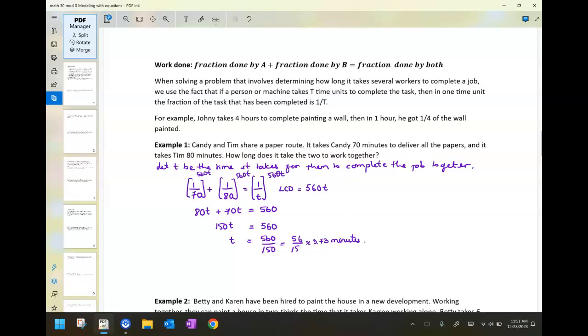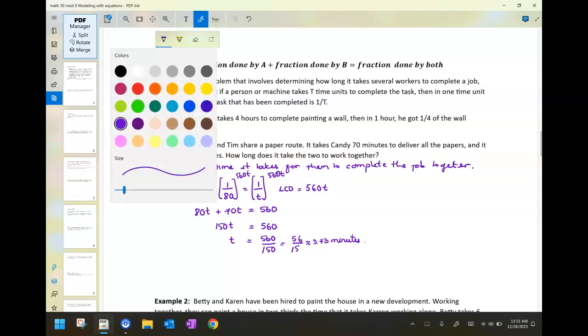Yes, so let's double check. Candy takes 70 minutes to deliver all the papers. It takes Tim 80 minutes, but together it only takes them 3 minutes. So this does not make sense, right? Let's see where we made a mistake in our calculation.